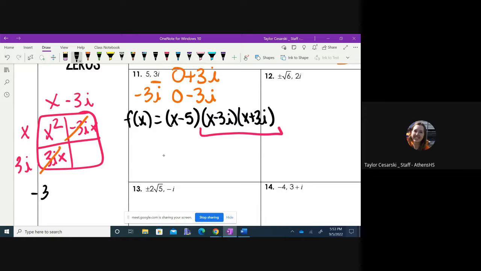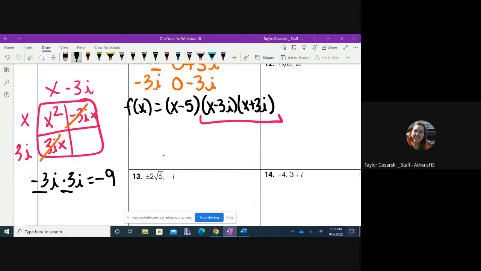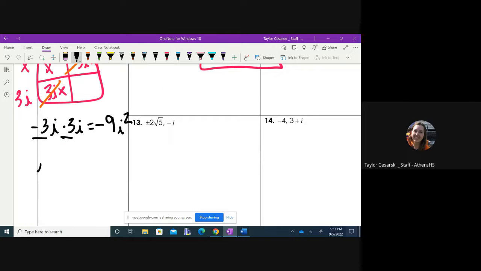Then we have negative 3i times 3i. So that's negative 9 from the coefficients, i squared. Okay, now you might be thinking, what in the heck is i squared? But we know that i equals the square root of negative 1. So i squared would equal the square root of negative 1 squared. So the square root and the squared will cancel out, and that's just going to be negative 1.